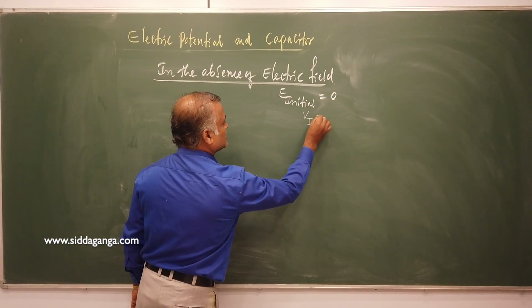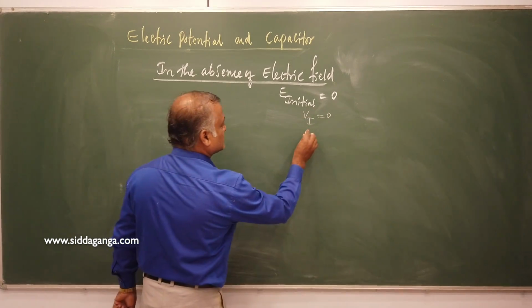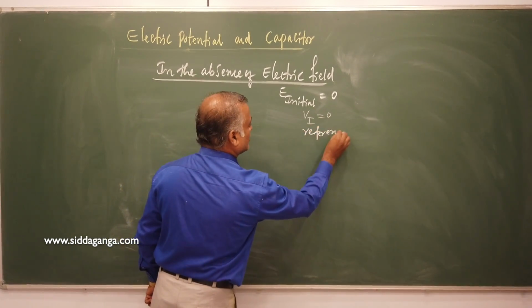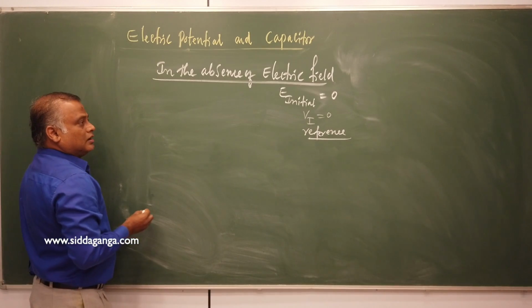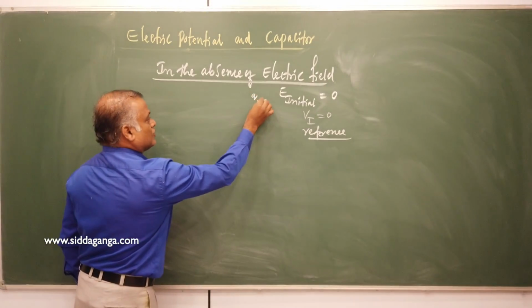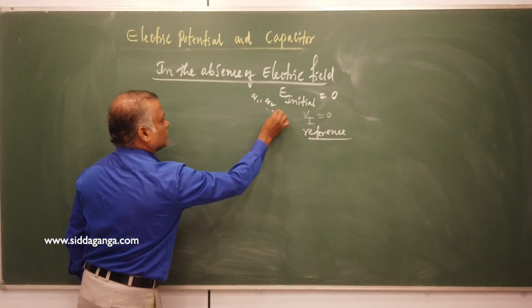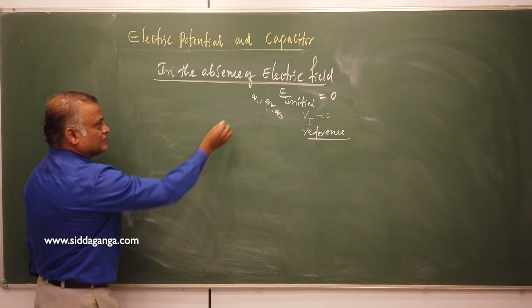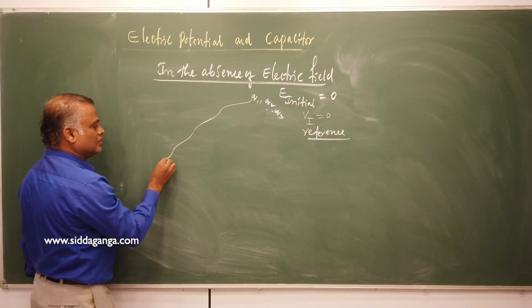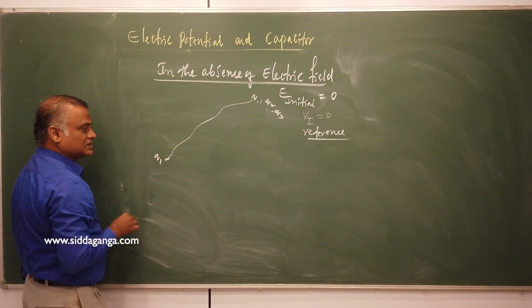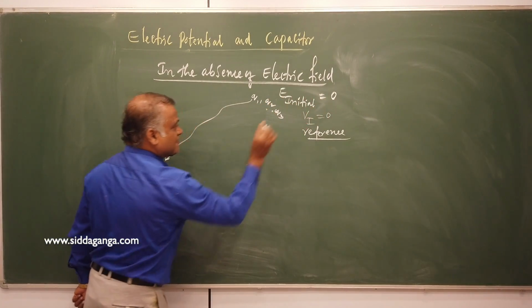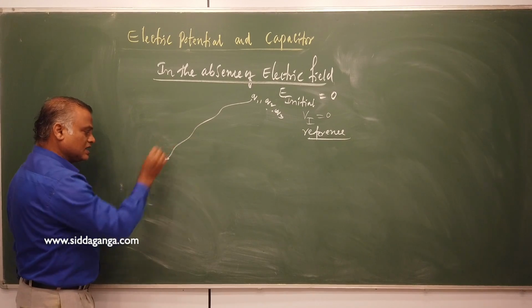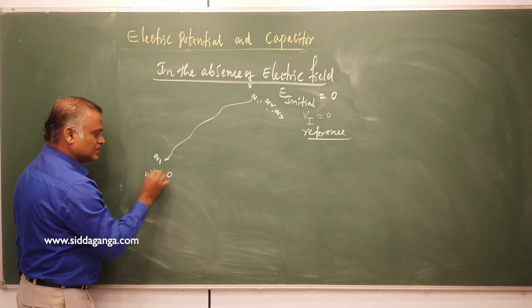V initial is 0. This is taken as the reference point. Now I have 3 charges, Q1, Q2 and Q3. As done earlier, from infinity to the point under consideration, no electric field exists. As we studied earlier, work done becomes 0.